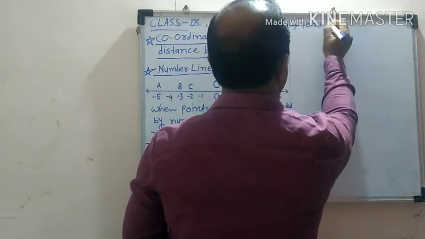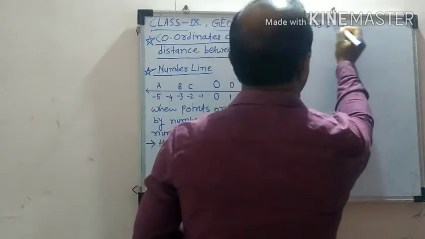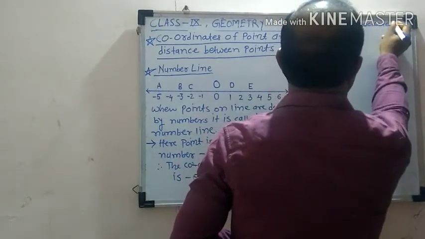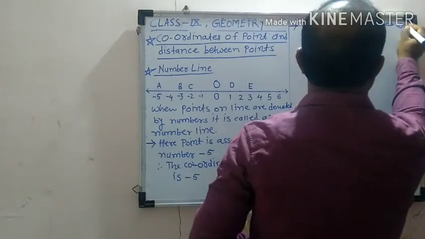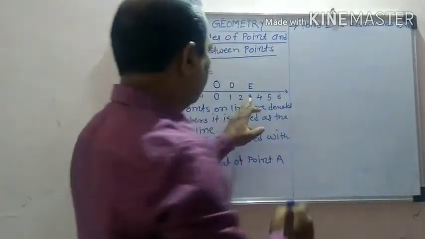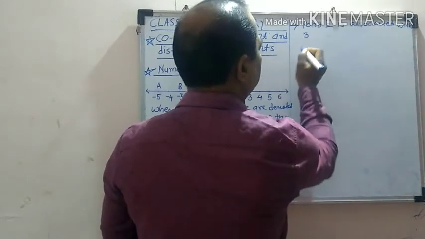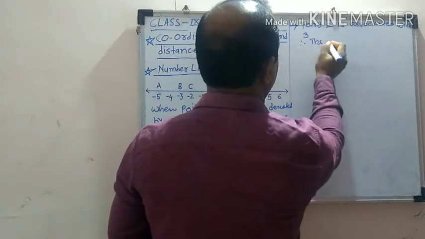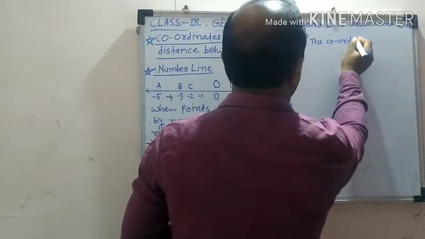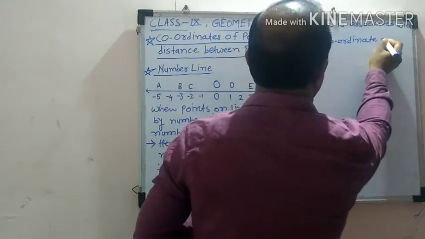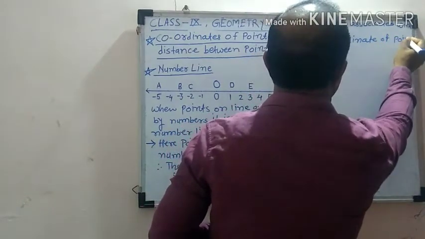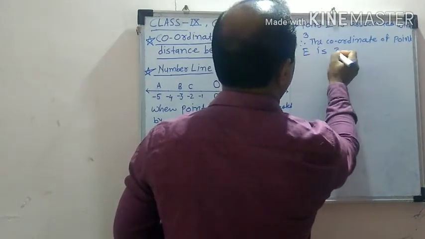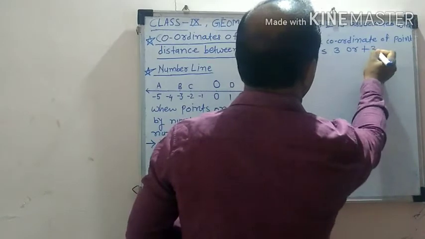Point E is associated with 3. Therefore, the coordinate of point E is 3, or we write here +3.